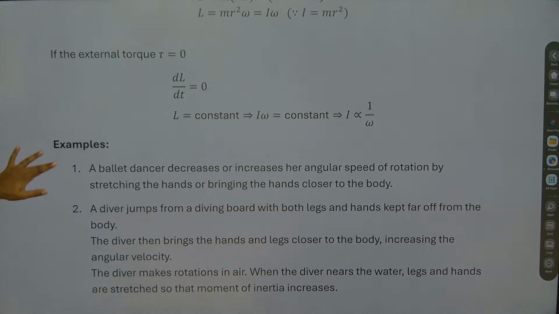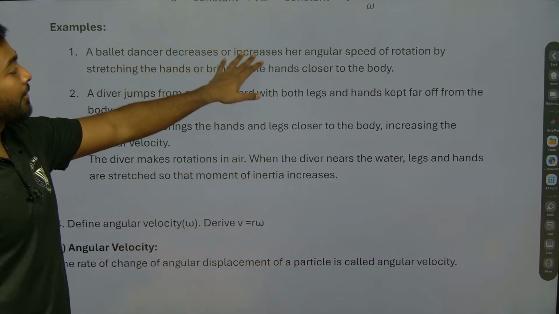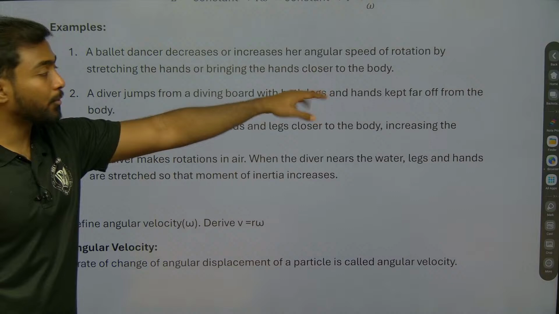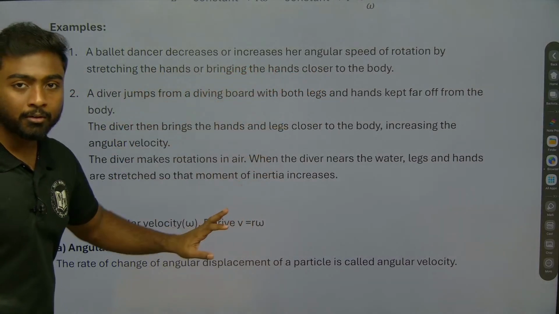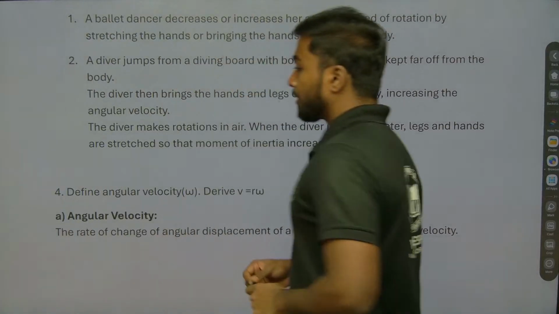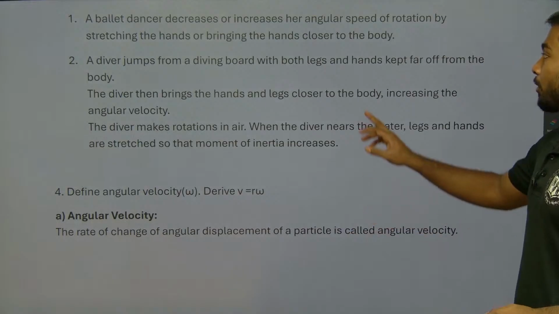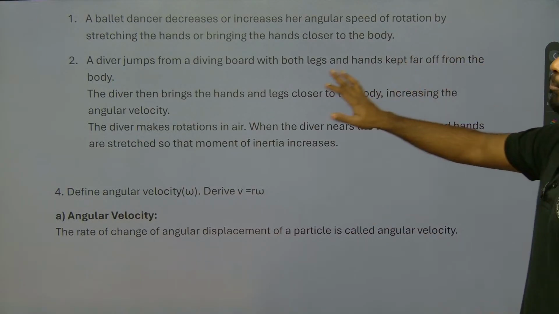Right. So examples, if you see, a ballet dancer decreases or increases her angular speed of rotation by stretching the hands or bringing the hands closer to the body. Second one, a diver jumps from a diving board, both legs and hands kept far off from the body.